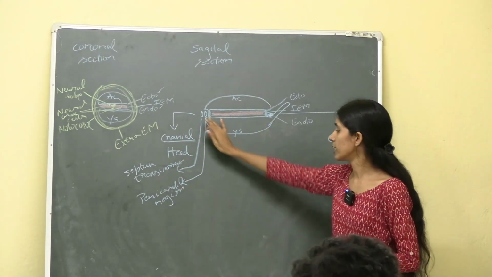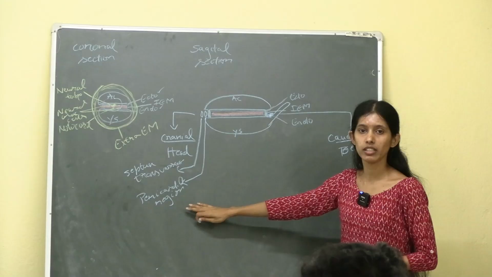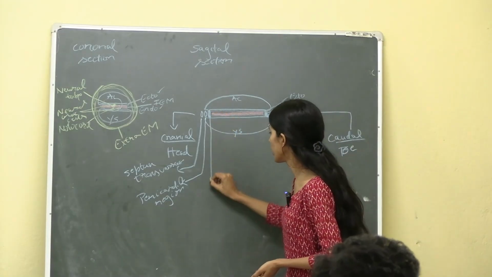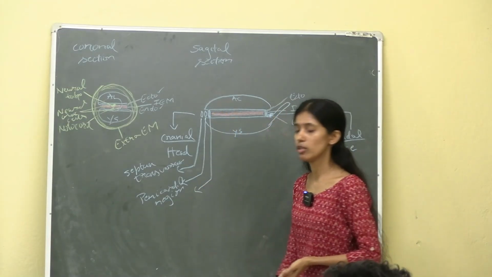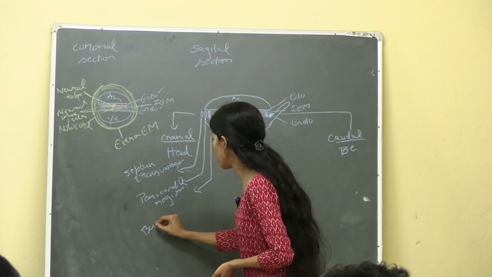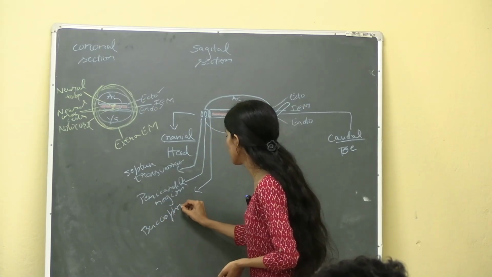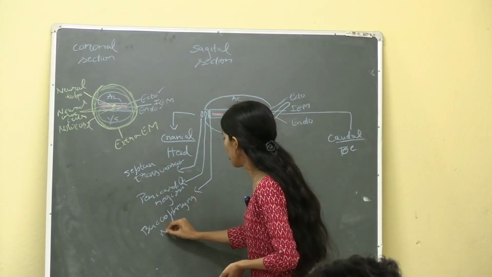Okay. And the second important structure is the pericardial region, where this is the heart. Followed by that we have the buccopharyngeal membrane. This is the buccopharyngeal membrane.